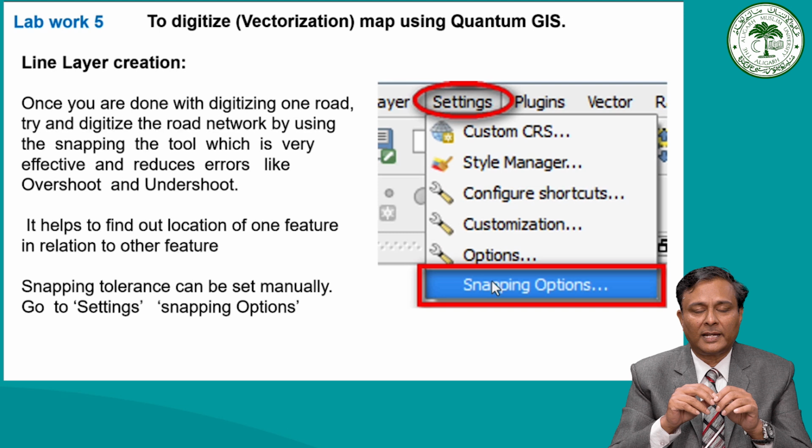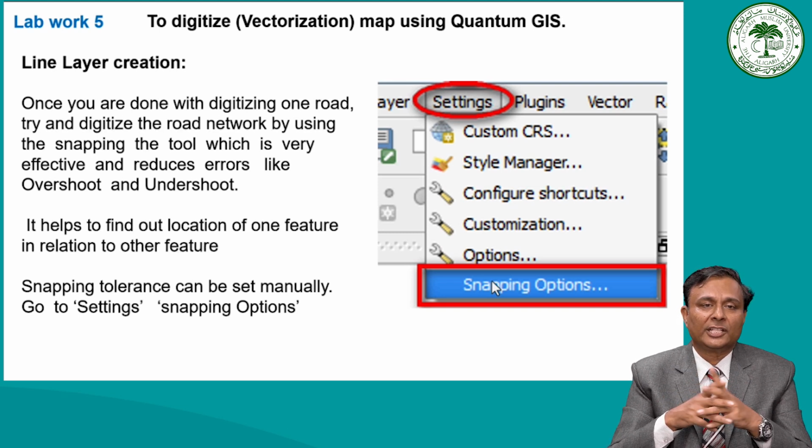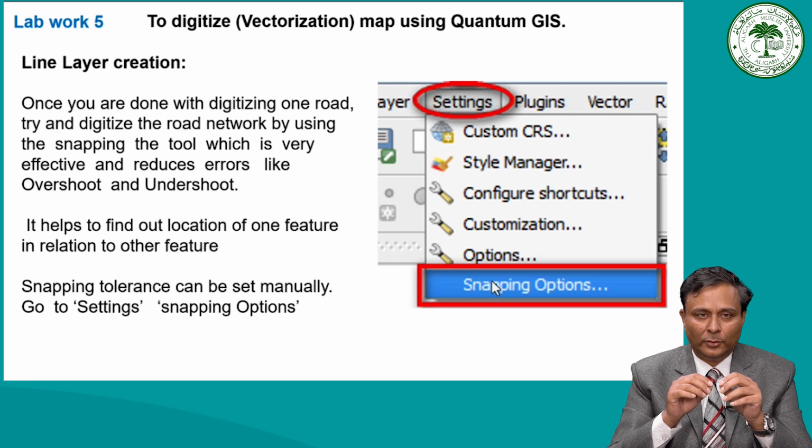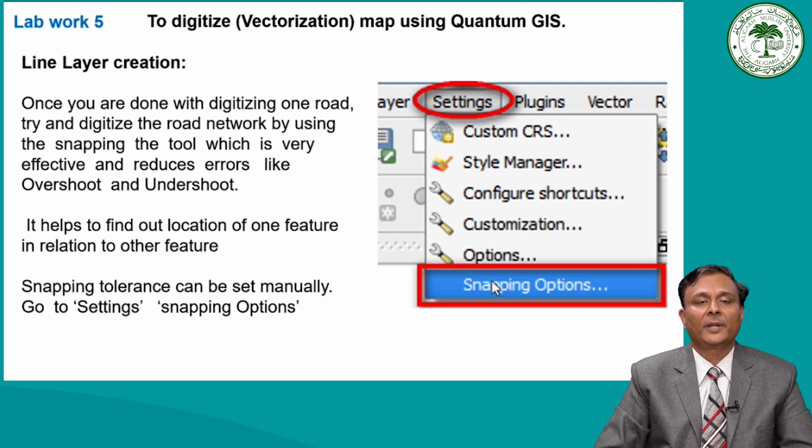So it won't overlap. It will give you an indication that you are going very close to that previously drawn line or previously created vertex. Either you should be careful and stay away from that vertex, or you need to click on the same vertex. That kind of snapping option would be very important for digitizing. That you need to understand.